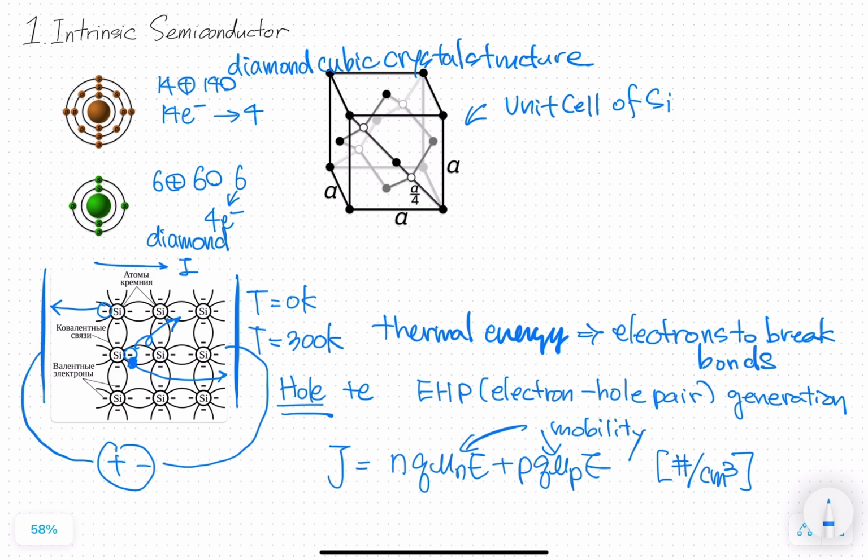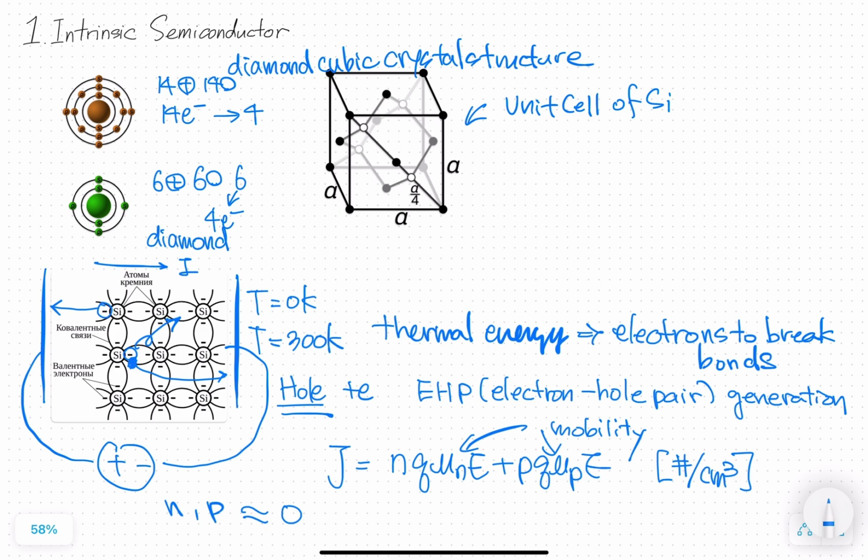And of course, E is the electric field. In intrinsic semiconductors, both n and p are very small, so J is close to 0. This is why pure silicon has very low conductivity.